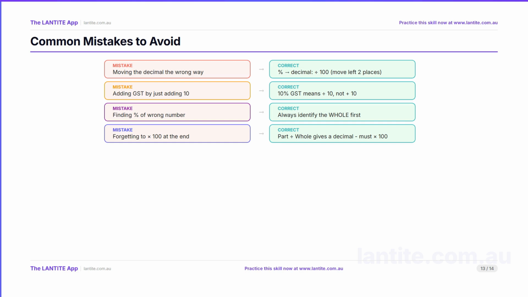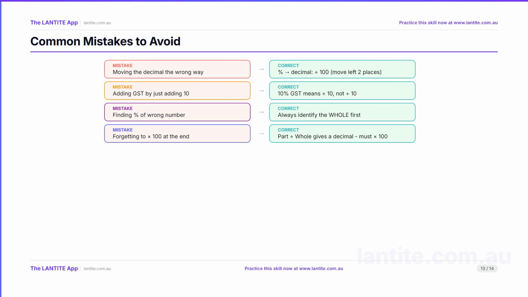Before we wrap up, let's cover 4 common mistakes. First, moving the decimal the wrong way when converting. Remember, percentage to decimal means divide by 100, which moves the decimal 2 places to the left. Second, adding GST incorrectly. 10% GST on $450 is not $460.